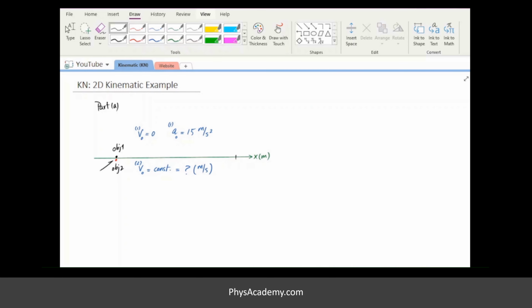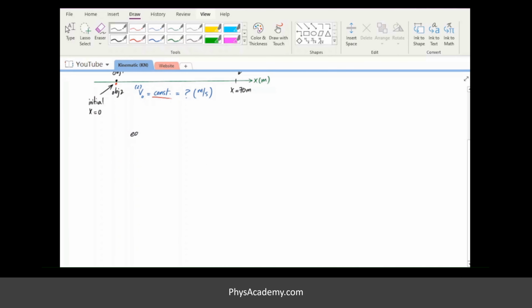Let me mark our initial location where x is equal to 0 and the final spot at x is equal to 70 meters. Remember, the acceleration of object 1 and the velocity of object 2 are constant, so we don't need an initial or final subscript for them. Let's start writing the equations of motion for these two objects along the x-axis.